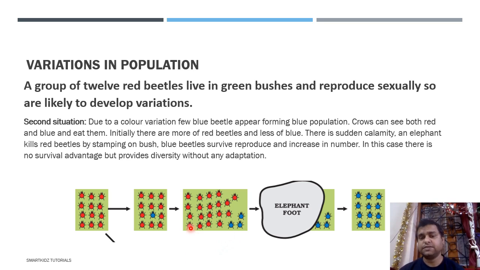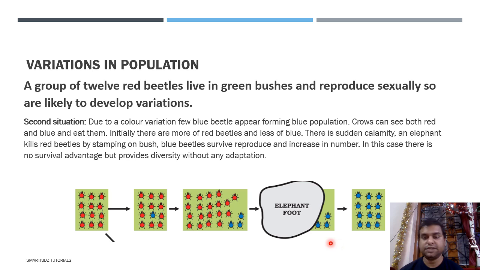Now in this case we are not considering the crow at all, but we consider a situation wherein unfortunately an elephant happens to pass by through the area where this bush is, where these beetles are growing, and it happens to stamp or trample this bush. Okay, and here you see it is an elephant foot that is being placed on this bush.